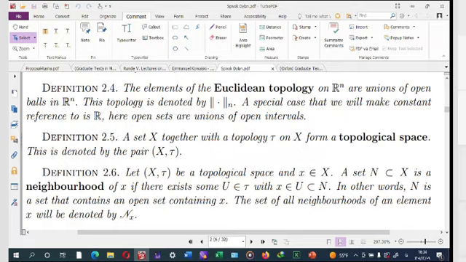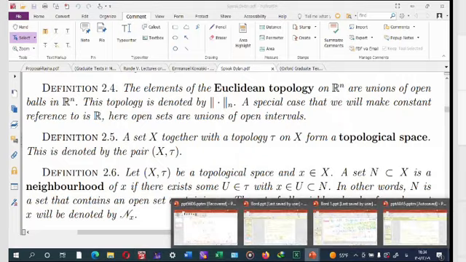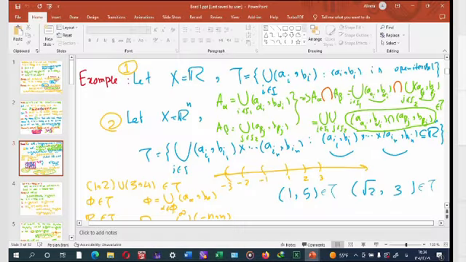This topology is denoted by this. A special case that we will make constant reference to is R itself. Here open sets are unions of open intervals, so in this set we consider this topology.